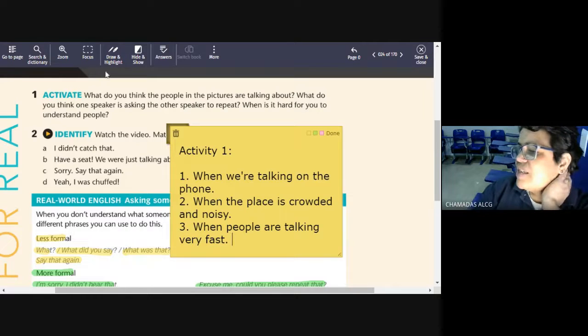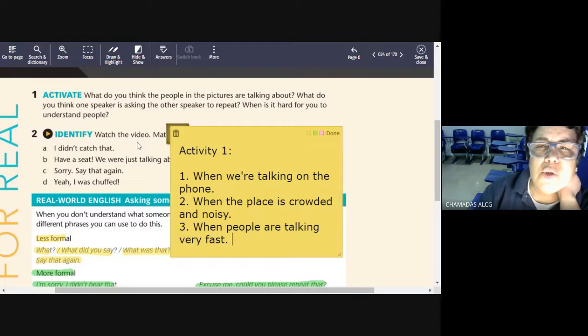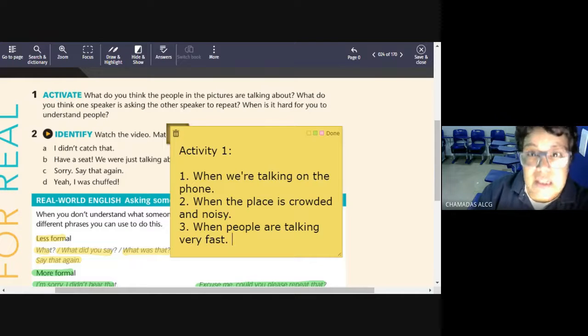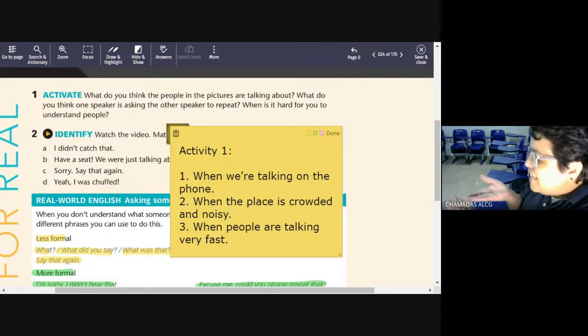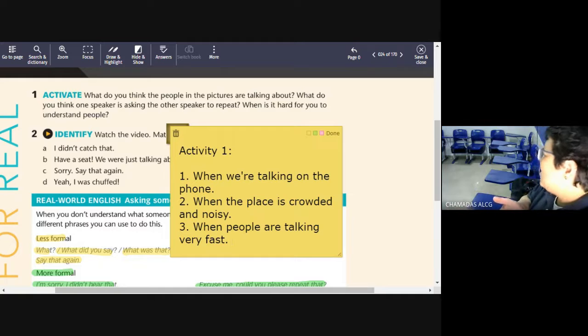You can see that when you listen to Brazilian music. Sometimes we don't understand the lyrics. We don't understand what the singer is saying. We need to read the lyrics to understand, isn't it?